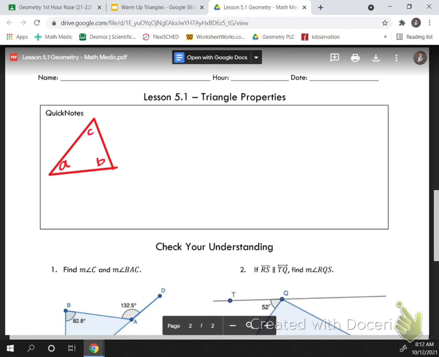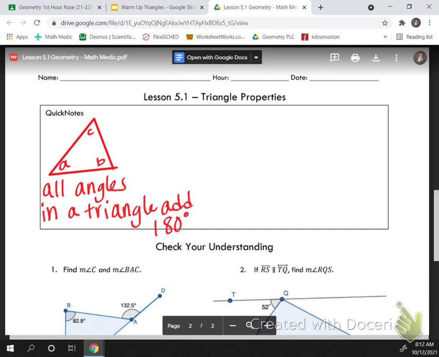So, all angles in a triangle add to 180. And we saw it with an obtuse triangle, and we saw it with an acute triangle in our groups today. That's the first property we're talking about.